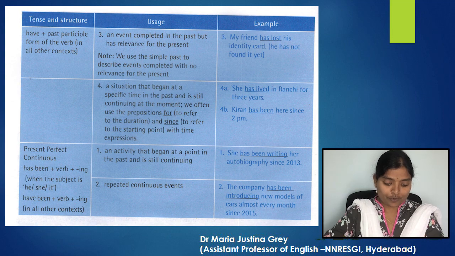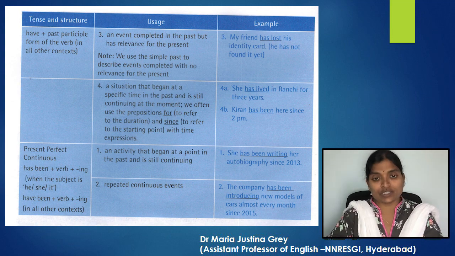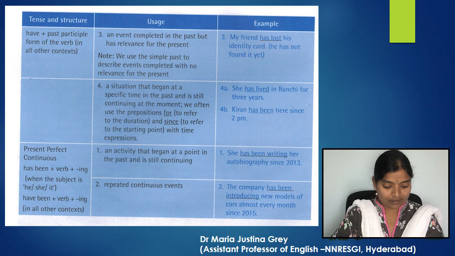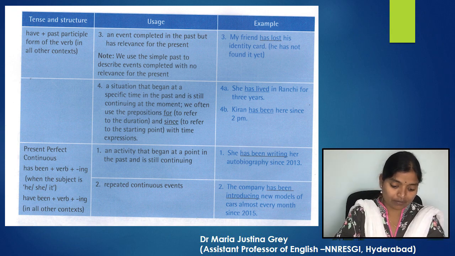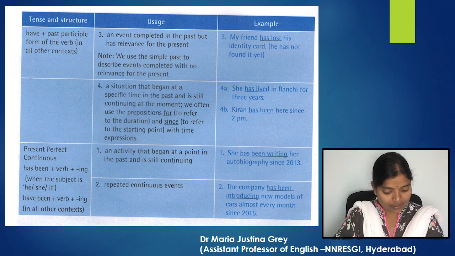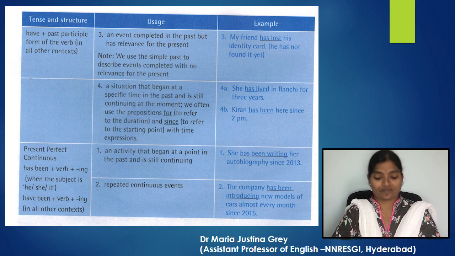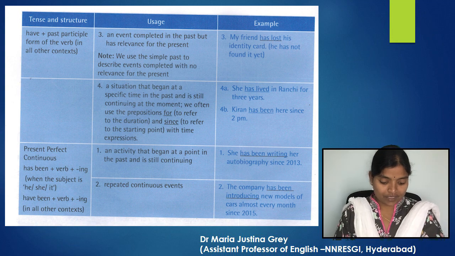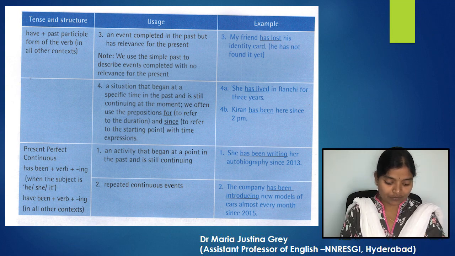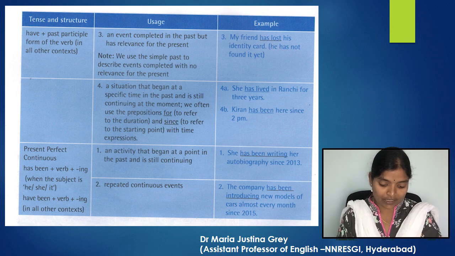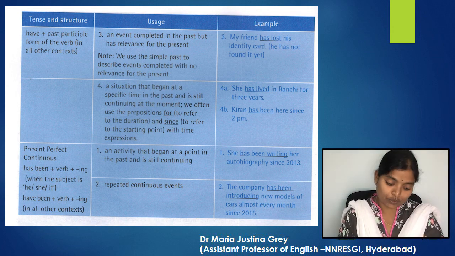Let's move on to present perfect continuous. For this, we use has been plus verb plus ing where the subject is he, she or it, and have been plus verb plus ing in all other contexts. We use present perfect continuous to talk about an activity that began at a point in the past and is still continuing.